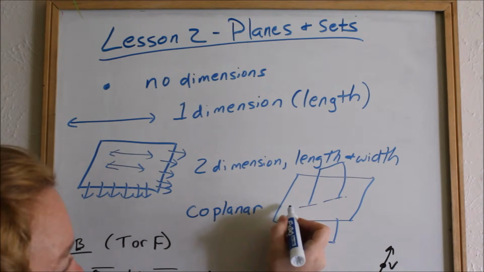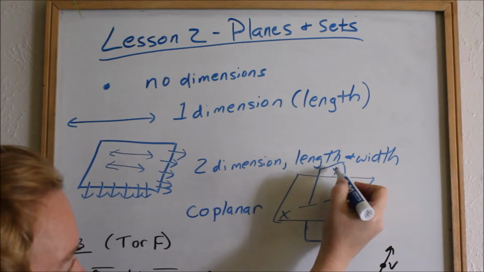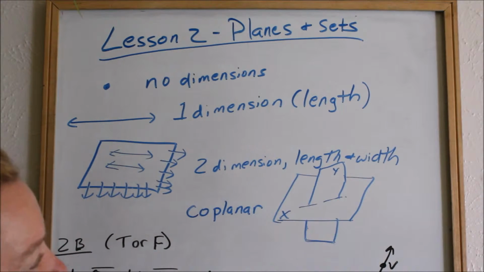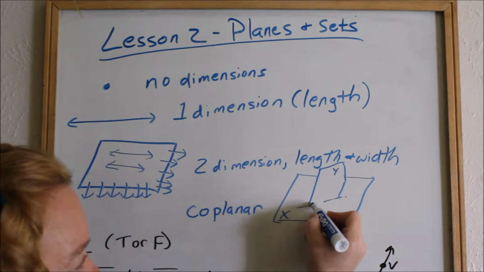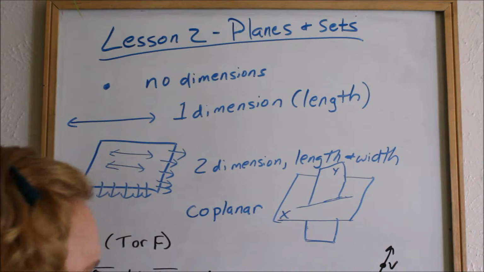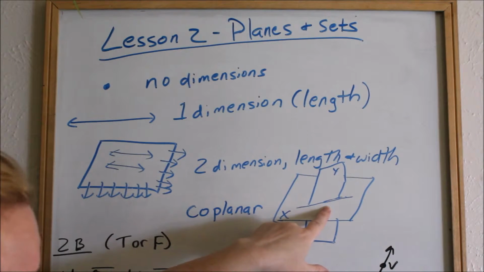This would be plane X, and then this one would be plane Y. There, that looks better. So those are two different planes intersecting. And when two planes intersect, where they intersect right there, they create a line. We're going to talk more about that in the next lesson.